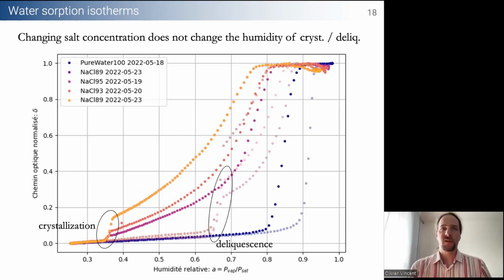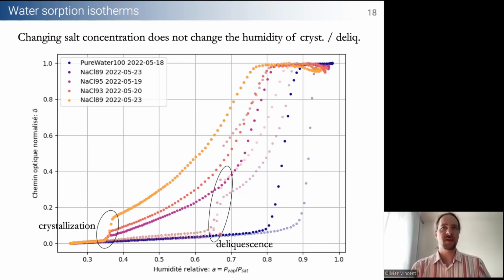And what's obvious is that no matter what the total amount of salt in the system or the initial concentration you use to fill the system, the crystallization point in terms of humidity is always at the same spot, and the deliquescence point is also always at the same spot, which means that we can define a confined crystallization point and a confined deliquescence point.